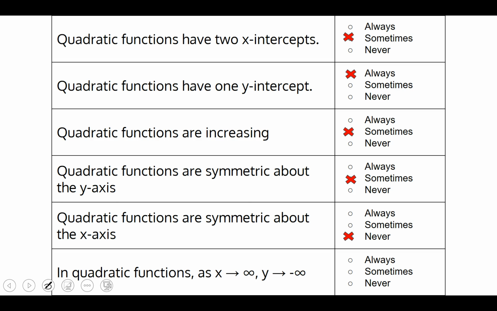In quadratic functions, as x approaches infinity, y approaches negative infinity. Sometimes. When does this happen? When the graph is down, when my whole graph got flipped upside down. Good, good, good. Good job.